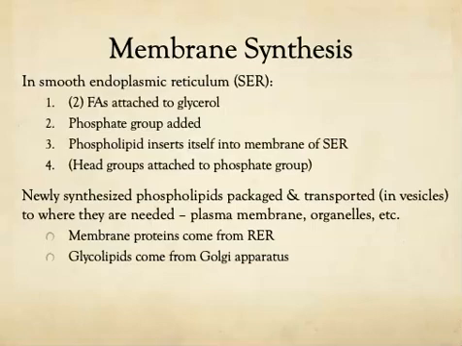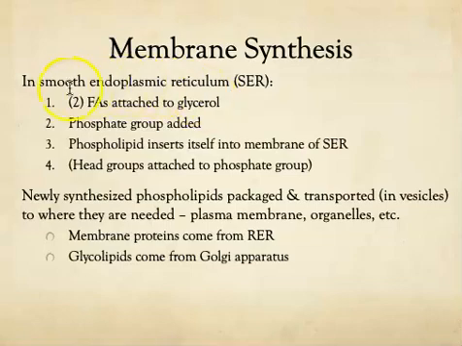And the phospholipids are included in that group. There's a very straightforward 4-step sequence to building a phospholipid inside the smooth endoplasmic reticulum, and I've got it outlined here. The first step of the process involves attaching the 2 fatty acids, the 2 tails in other words, to the glycerol.